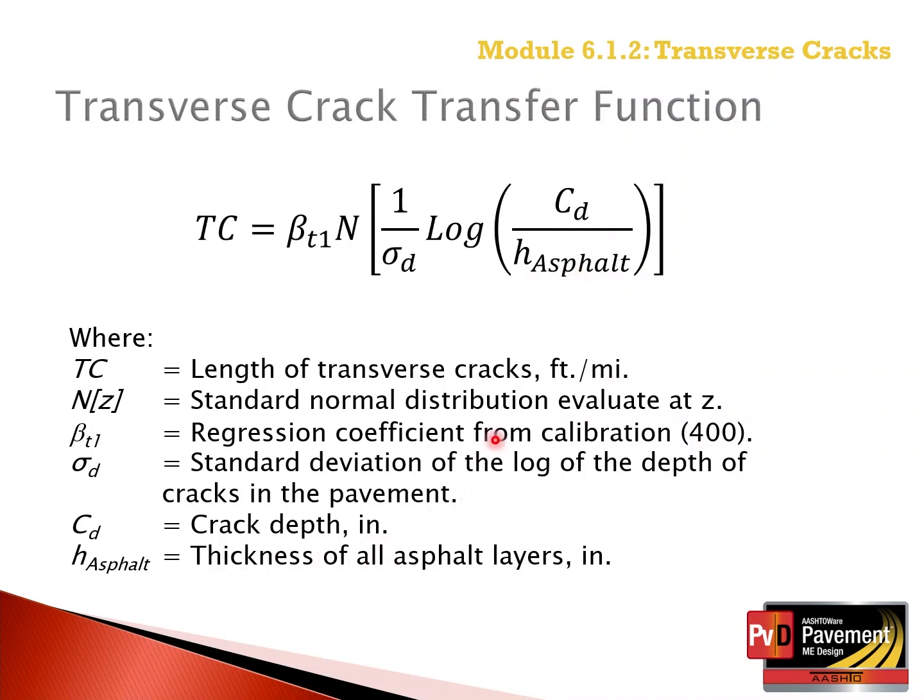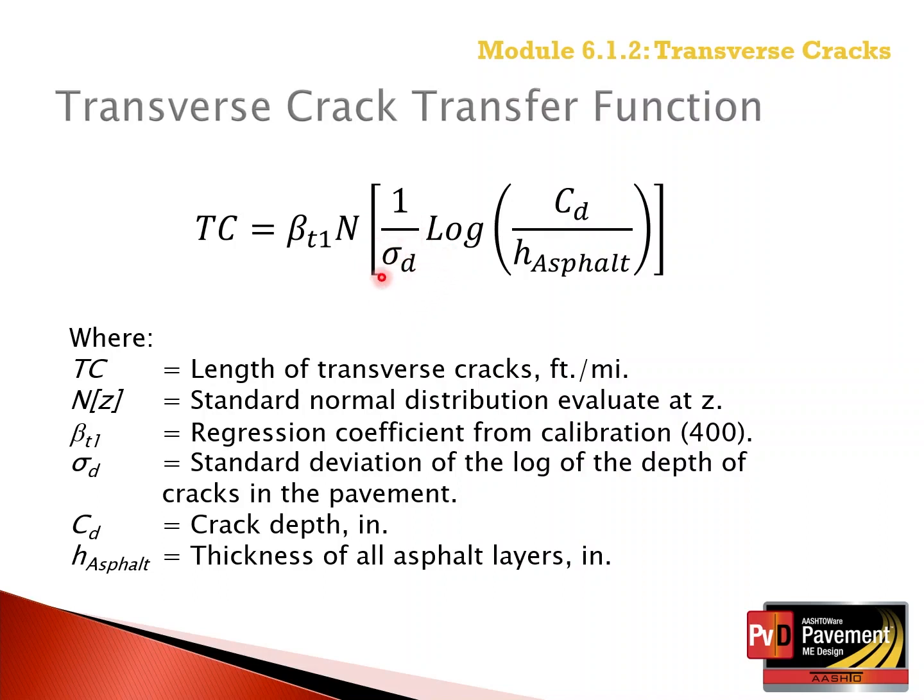The crack depth, C sub D, is the crack depth predicted through the stress intensity factors, delta K, and properties of the wearing surface, the creep compliance of the wearing surface, as well as the indirect tensile strength of the wearing surface, and the standard deviation of the log of the depth of transverse cracks along the pavement.